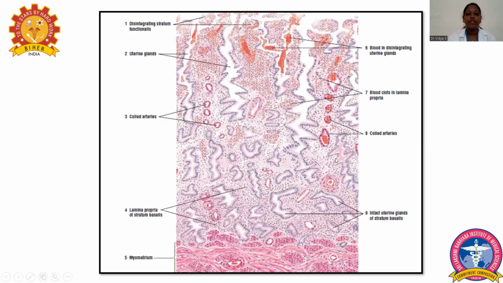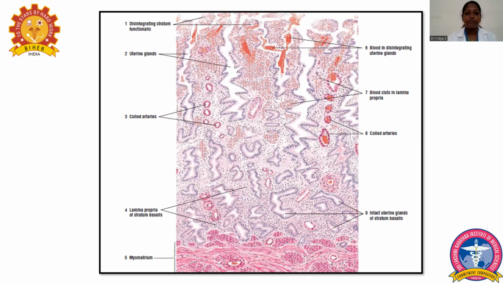This picture shows the menstrual phase of the endometrium, histological view. Here, this is the myometrium full of smooth muscle fiber. The endometrium consists of the lamina propria of the stratum basalis and the intact uterine glands of the stratum basalis.